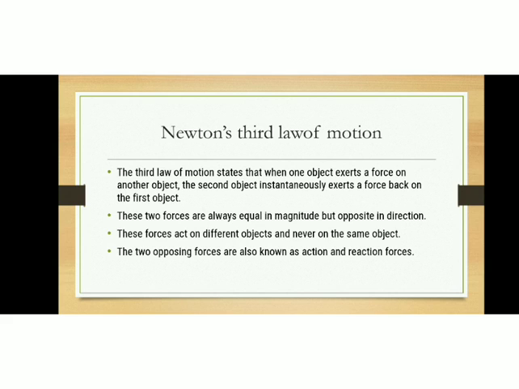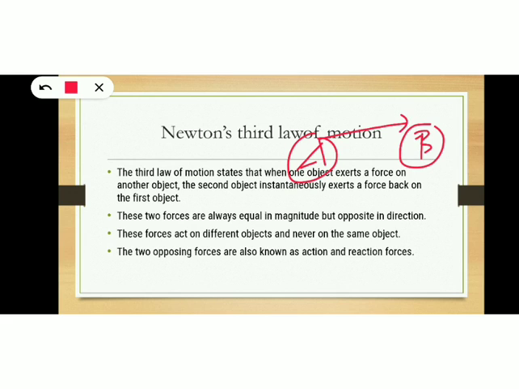Okay. So consider two objects A and B. Suppose A exerts a force on B, and let that force be F1. Then B in turn exerts a force on A. Let that force be F2.